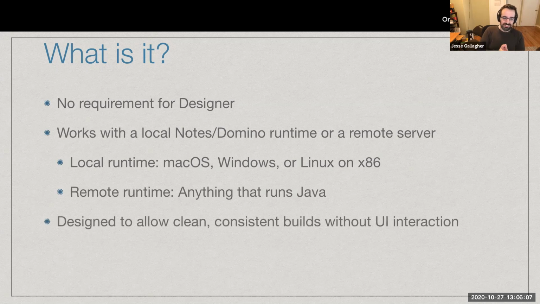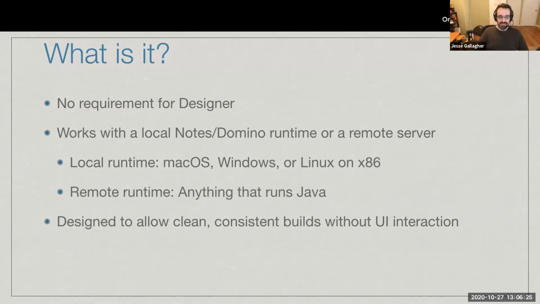So this is designed, and this is a little buzzwordy version of it, to allow clean, consistent builds without UI interaction. The problem with Designer is that you, as a user, perform actions in the UI.